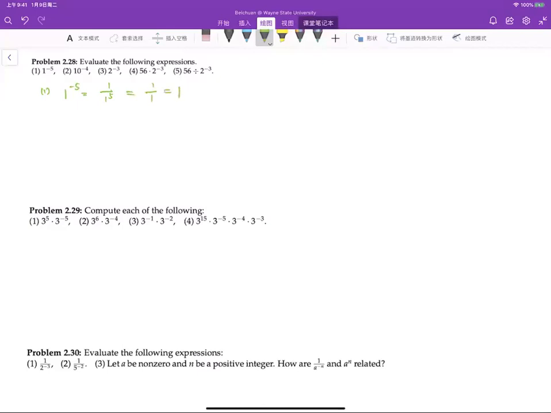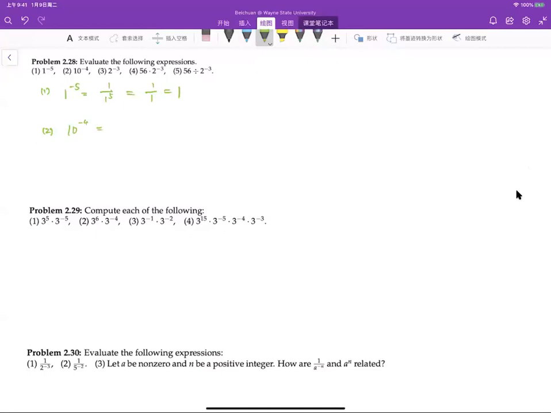All right, how about the second? Does anyone want to do the second one? Andrew, go ahead. So 10 to the negative 4th, we can convert that into 10 to the 4th, because the negatives cancel out. But in this case, the negative sign is on the exponent, the base is not negative 10.